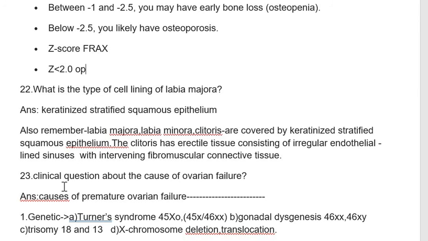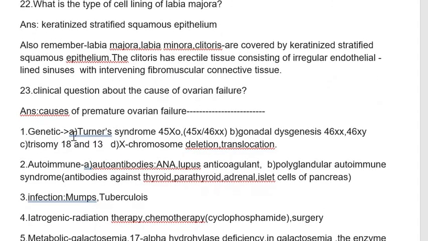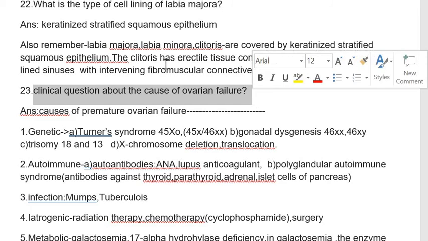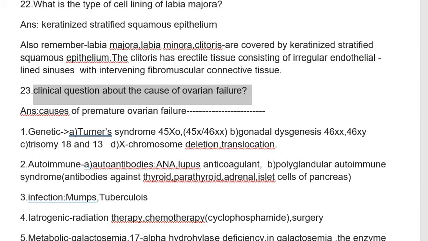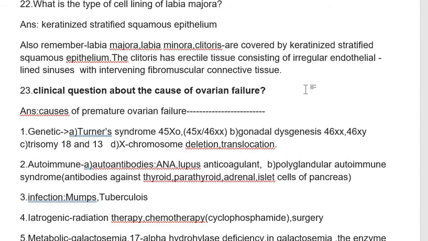Question number 13 was about causes of ovarian failure when it occurs prematurely, because we call it premature ovarian insufficiency. The chance of having premature ovarian insufficiency is almost 1%, and the most common cause will be idiopathic, where we have not found anything.